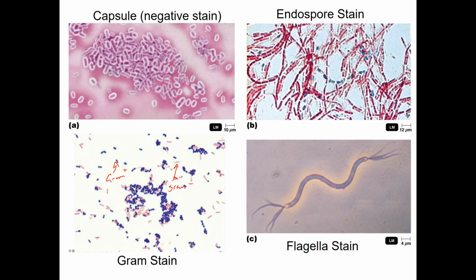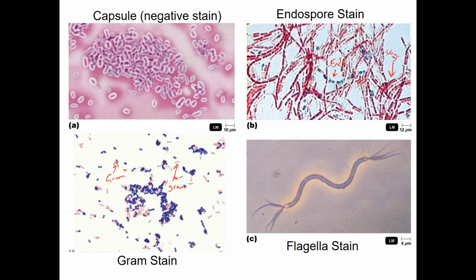Another one we'll get to do in lab, in the upper right-hand corner, is endospore staining. Here, we're differentiating bacteria that can make endospores from those that can't. The little green eggs are endospores. The red chains are vegetative cells that are still active.